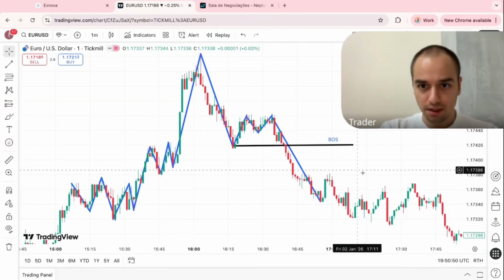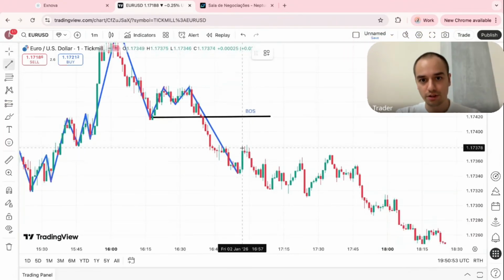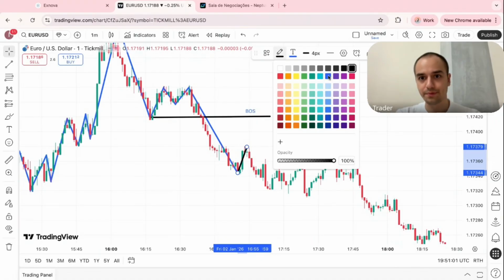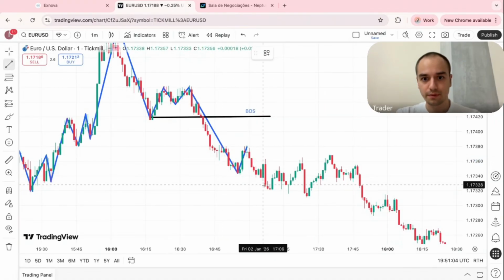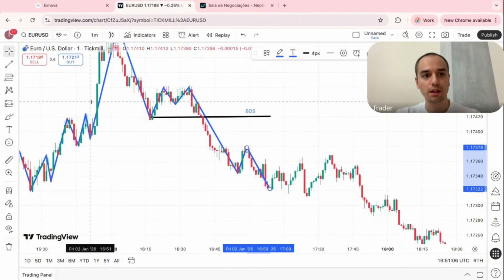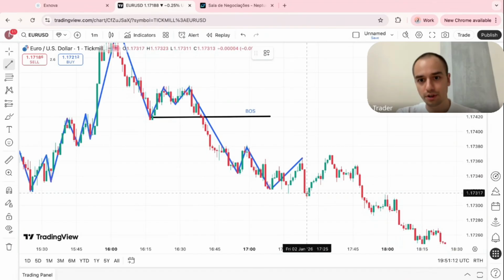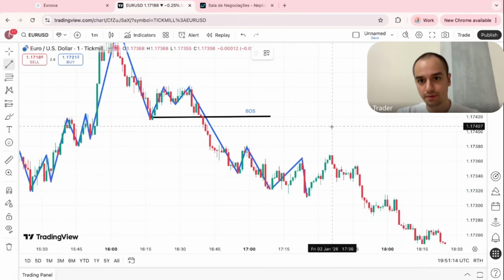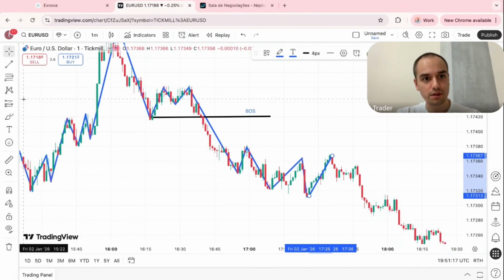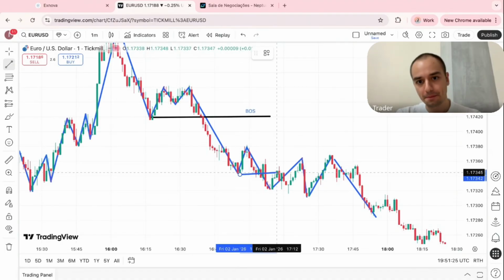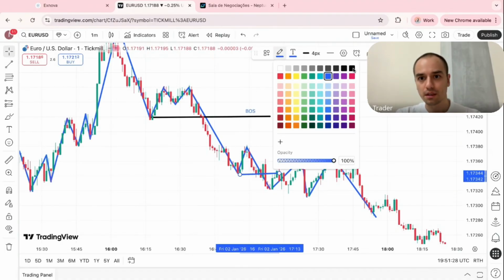And then all the further confirmations of this would be confirmation of break of structure. Every time when we see a lower low and lower high, that will be further confirmation of our structure, which will serve us for the understanding of our current trend.